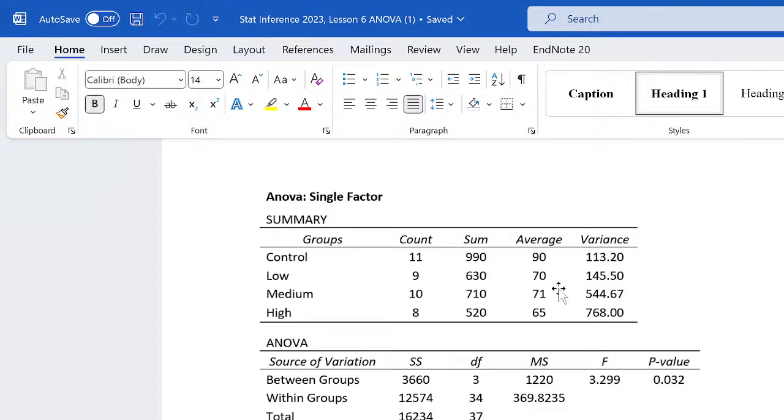Now, once again, Excel, Statlet, R, they'll crank out an analysis of variance table for you. I wanted to give you a little bit more and tell you where those numbers come from. I have a big problem with just shoving a table in front of your face and saying, here's how we interpret it.